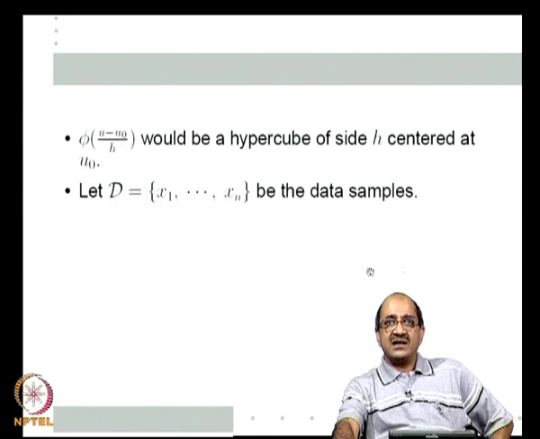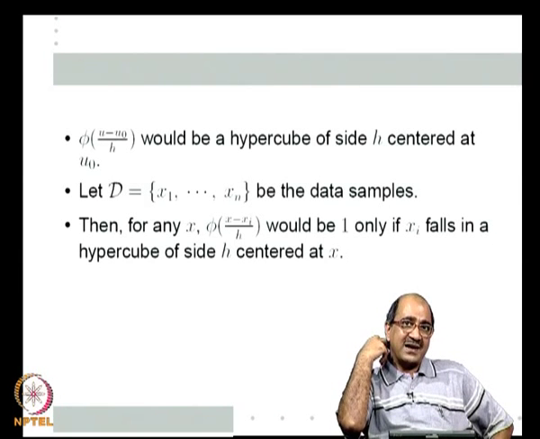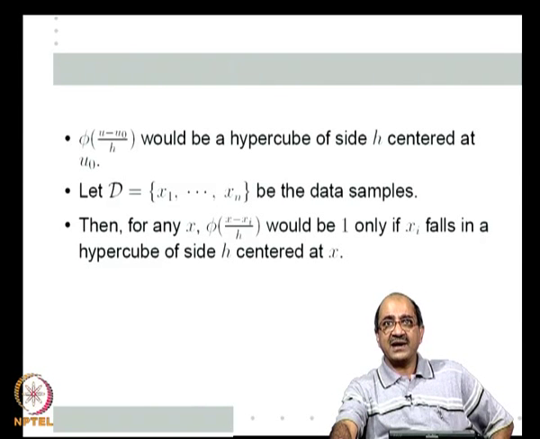Let us say D is the data samples. Then for any x, phi of (x minus xi) by h would be 1 only if xi falls in a hypercube of side h centered at x. Because phi is symmetric, I can think of it as centered at x or centered at xi.